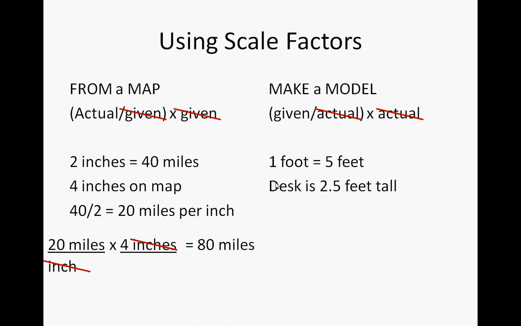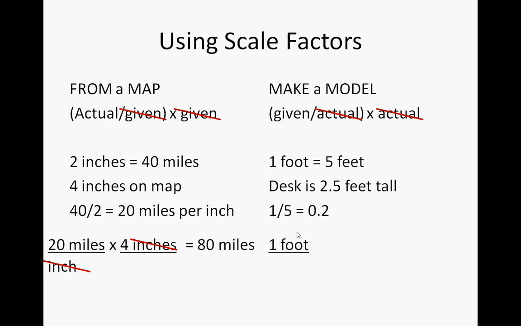So I have a desk that is 2.5 feet tall, and I need to see what it would be like if it stayed proportionate to me and I shrunk to 1 foot. Well, I'm going to take this ratio of the given to the actual, so here's my model to the actual, and then I'm going to multiply it by the actual length. So I have 1/5 equals 0.2. This gives me a number just to stick into this big thing here.